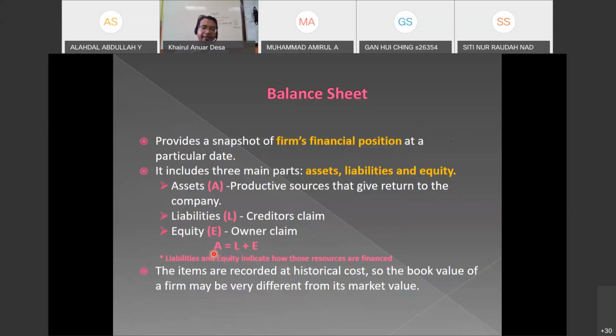Persamaan dia adalah asset equal to liability plus equity. This is the equations ataupun persamaan.